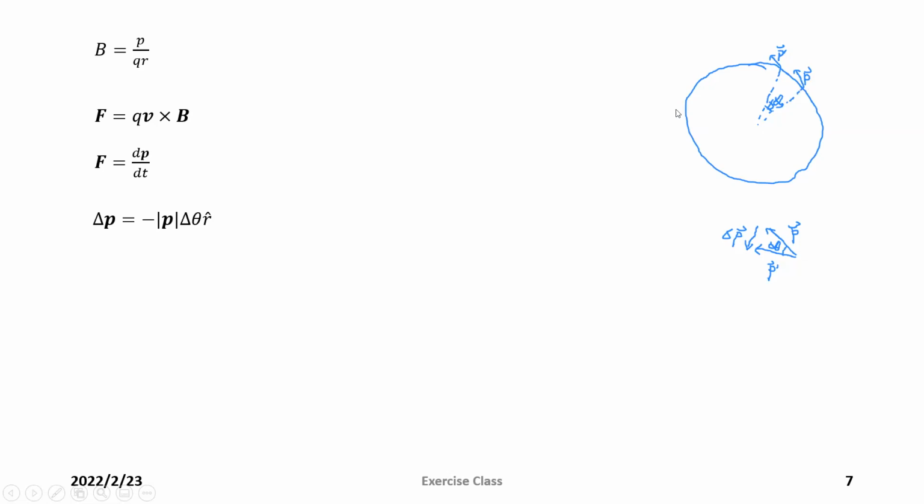Because the particle is doing uniform circular motion, delta theta over delta t is just the angular speed and is equal to v over r. Using these relations and substituting back into the previous relations, we can get delta p over delta t to be pv over r, pointing to the center of the circle.